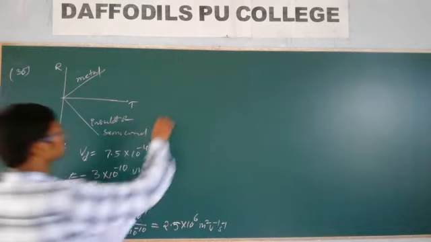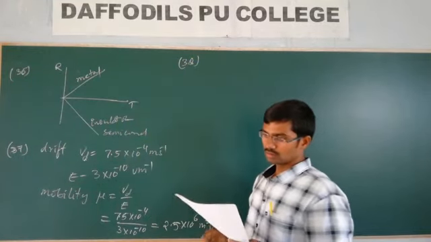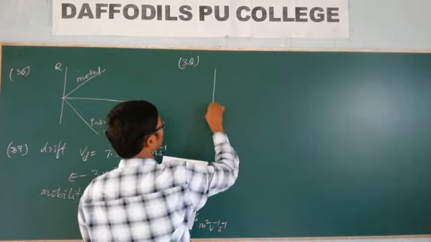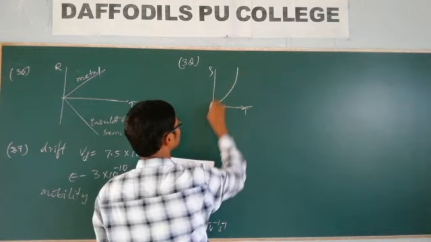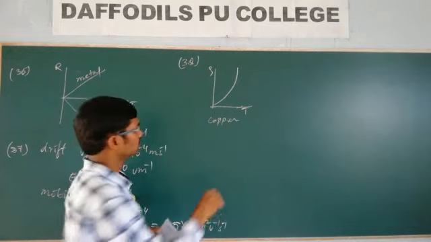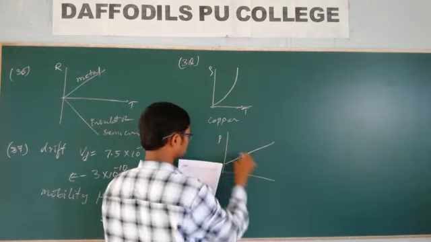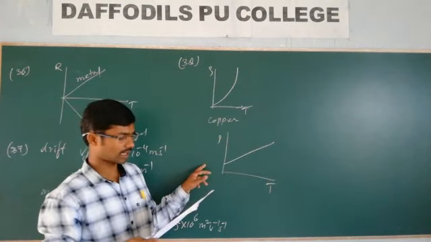Which of the following graphs represents variation of resistivity rho with temperature T for copper? The nature of the graphs is given, and it is a directly answered textbook question. Look at this, we have for copper, it does not look like this.